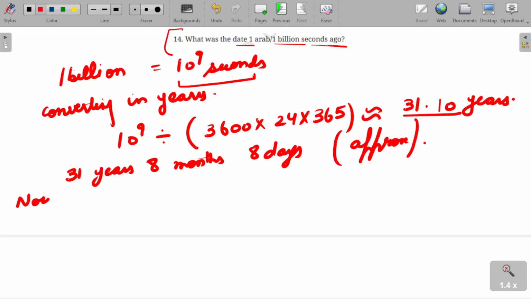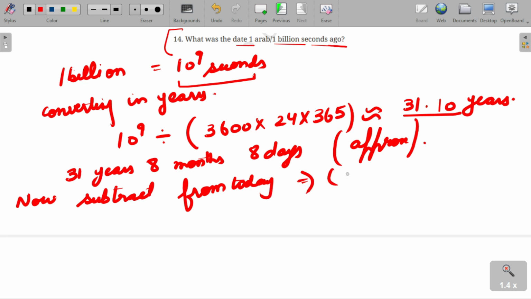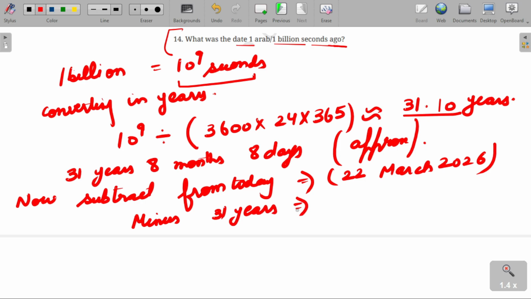Now subtract it from today. Today is 22 March 2026. So firstly we are doing minus 31 years. 31 years minus, we get 22nd March 1995.